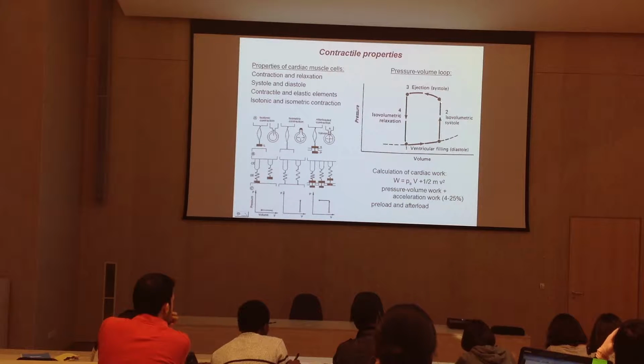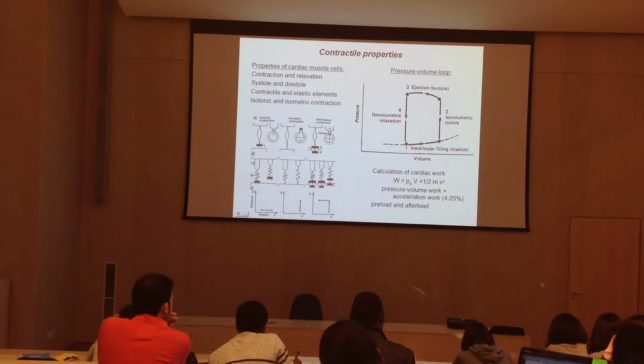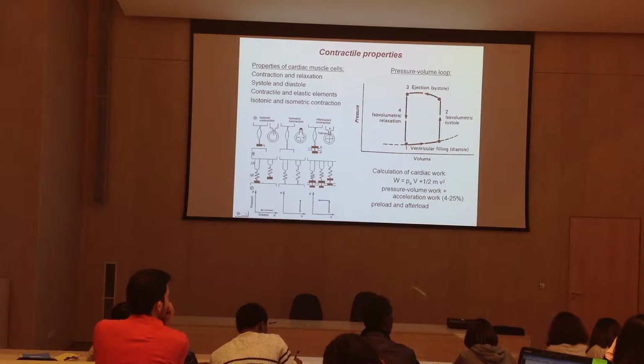Okay, this increase in the pressure is, for example, 100 millimeter mercury, and the ejected volume is roughly 70 milliliter. Now, how long will the ejection last? Until the ventricular muscle fibers start to repolarize.